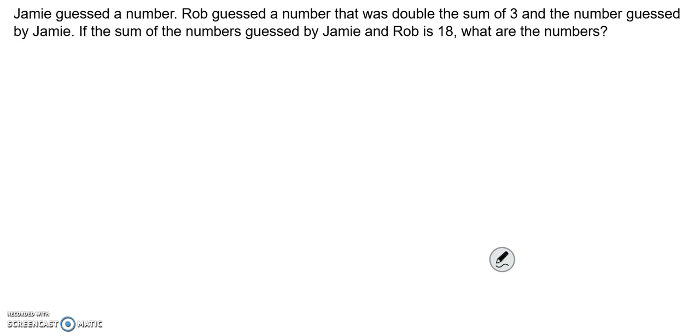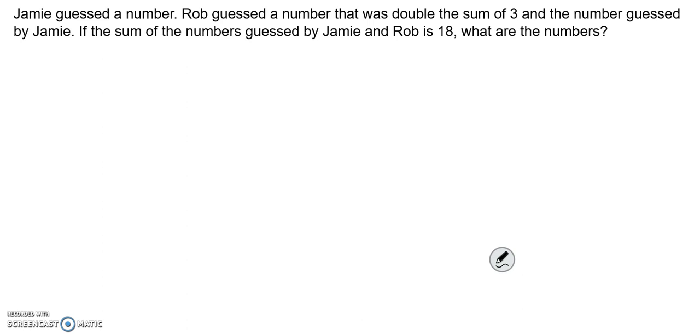Read me the words on the screen that tell me the equation. Good try, but no. Rob guessed a number that was double the sum of 3 is not the equation we're going to be writing. There is only one equation for this problem. See if you can find it.